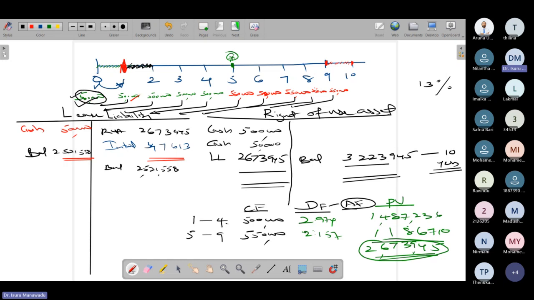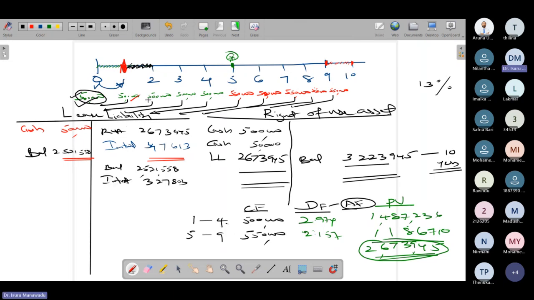Multiply by 13%. What is the interest? 327,803. Right.